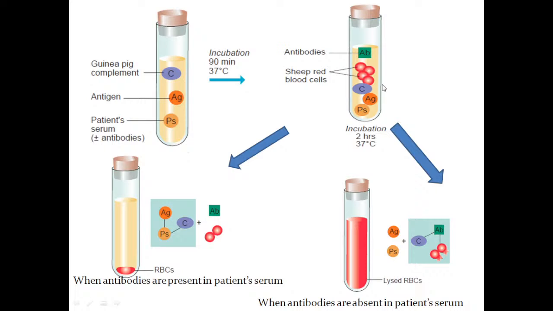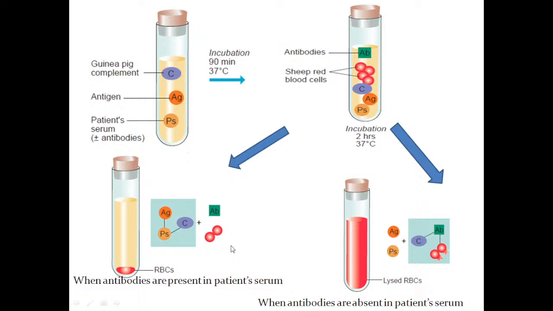If antigen binds to antibodies, if antibodies are present, they activate complement, and then we add sheep red blood cells with antibodies to these sheep red blood cells, and they form immune complexes and must be destroyed by complement, but complement is absent.